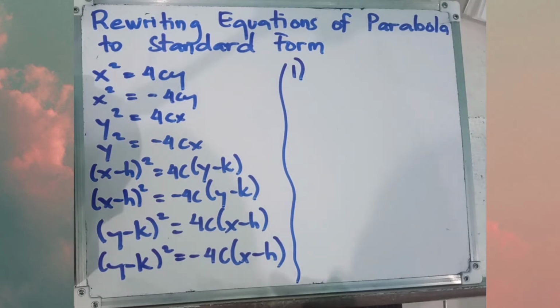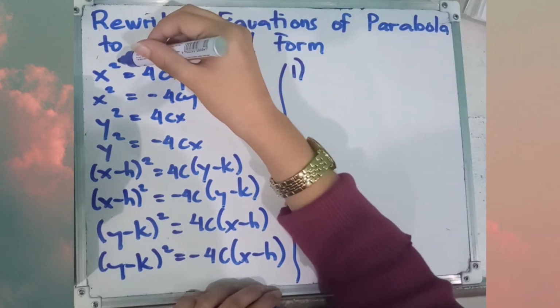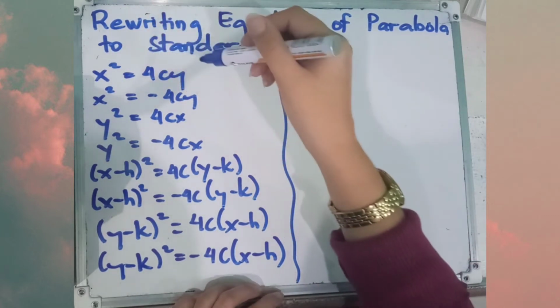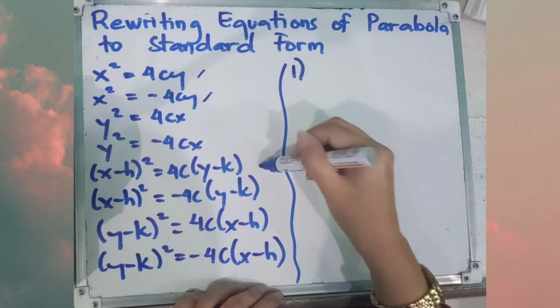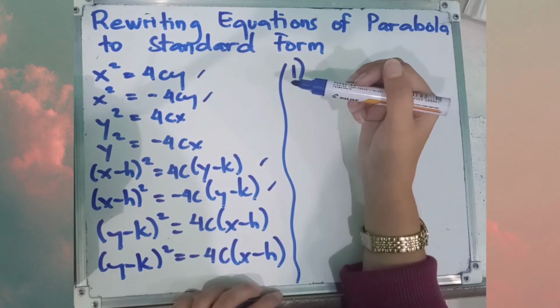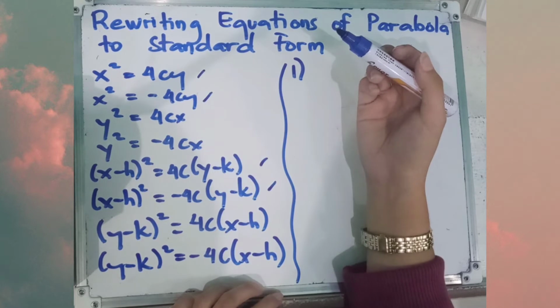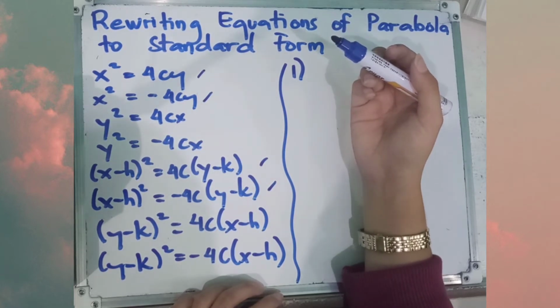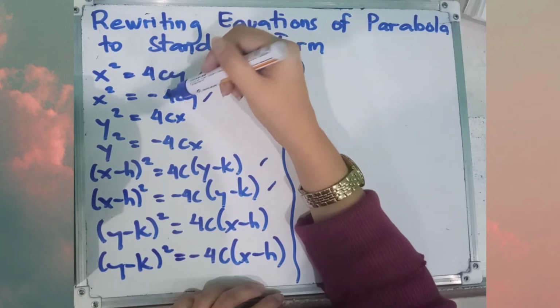So again, if the exponent 2 is on the variable x, this one, this one, this one, and this one, that means to say that the parabola is either opening upwards or downwards. It is opening upwards if 4c is positive. It is opening downwards if 4c is negative.